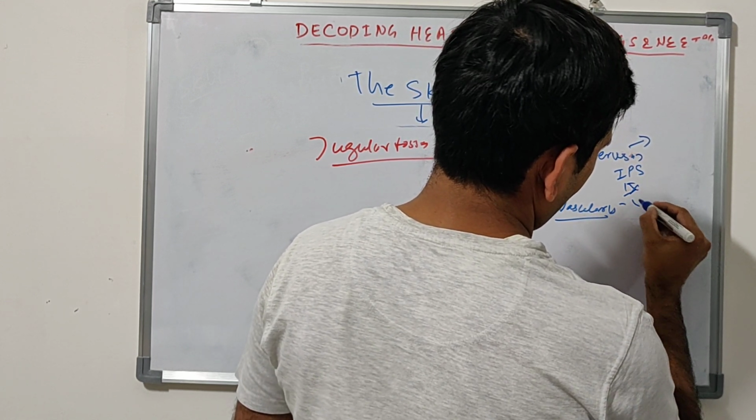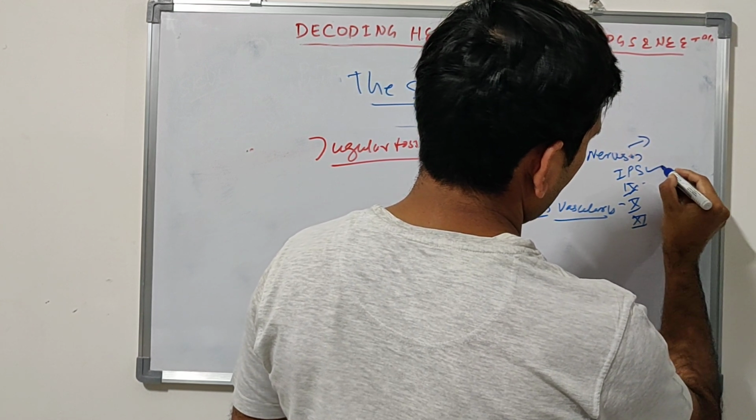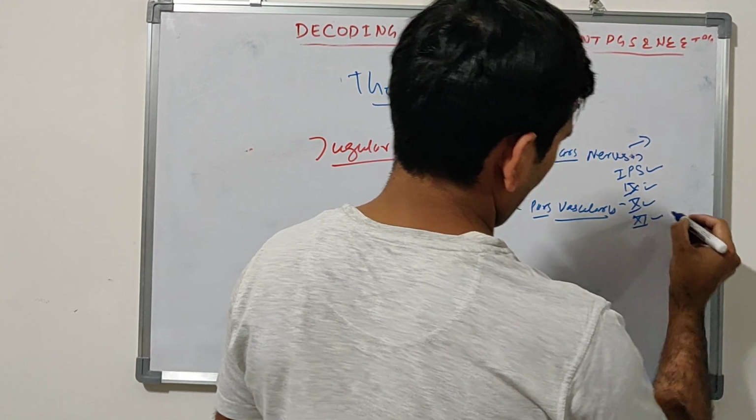the 9th, 10th, and 11th nerves. Inferior petrosal sinus, 9th, 10th, 11th nerve.